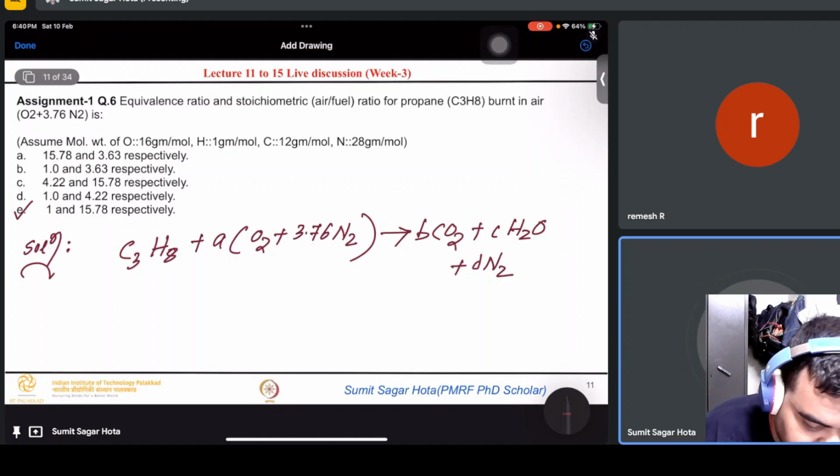Now we just balance the carbon, hydrogen, oxygen and nitrogen atoms. All the atoms we can now balance, to find out A, B, C, D.